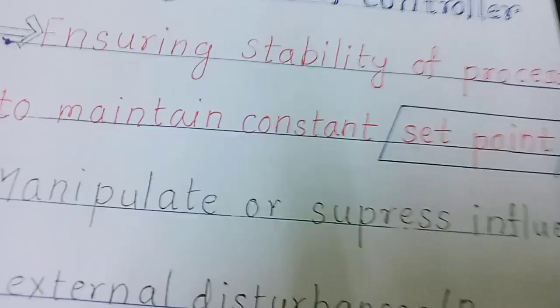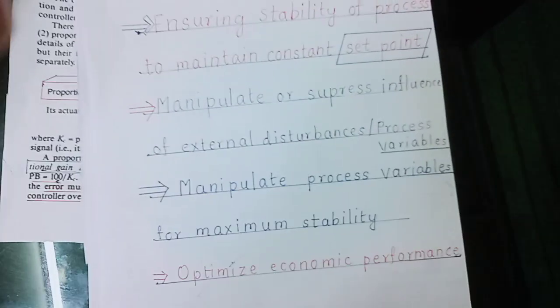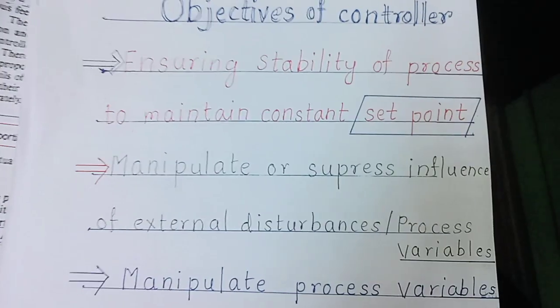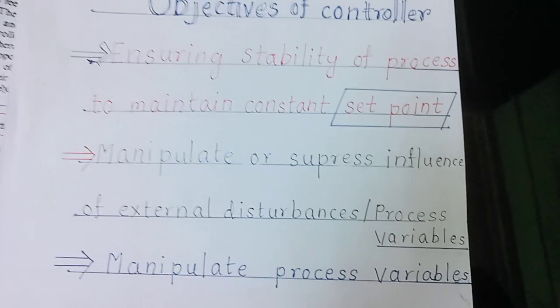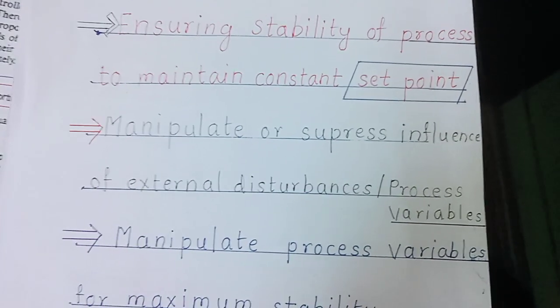What are the objectives of the controller? First is to ensure the stability of the process and to maintain the constant set point.